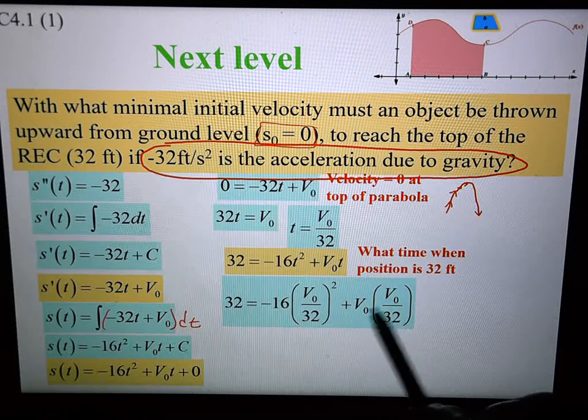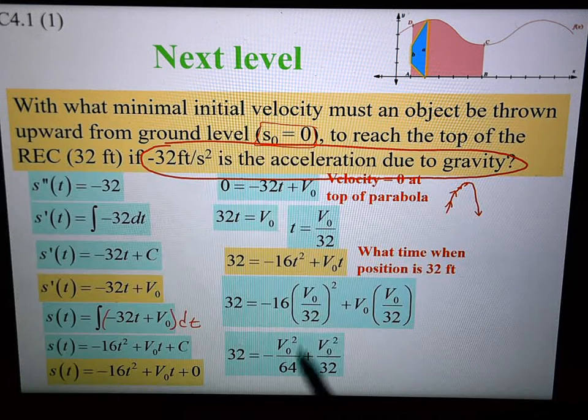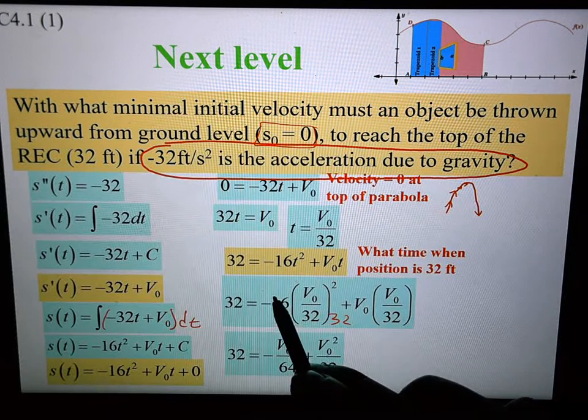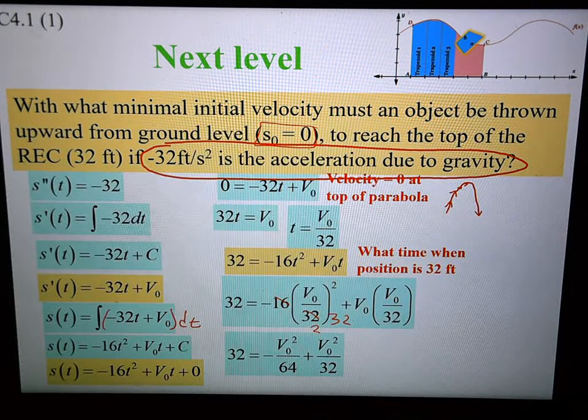Top times the top. This is what you get next. I squared the 32. 32 times 32. But I can also, 16 goes into 32 2 times. 2 times 32 is 64. There you go. That's what it's going to be.